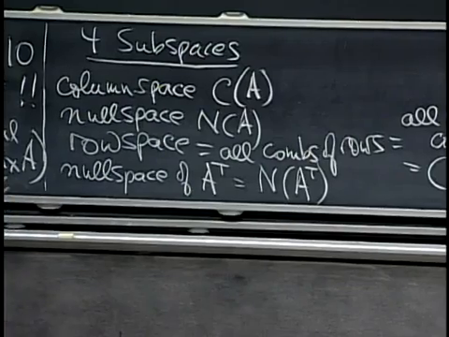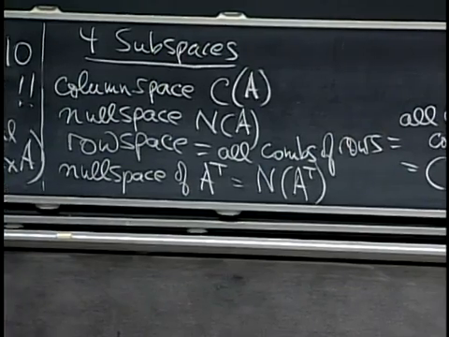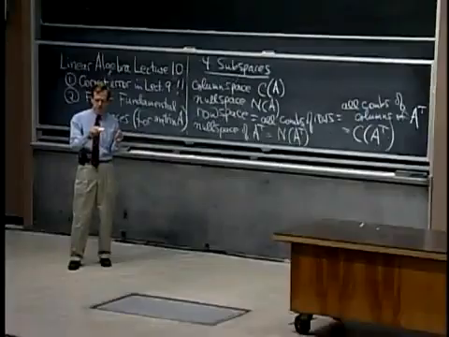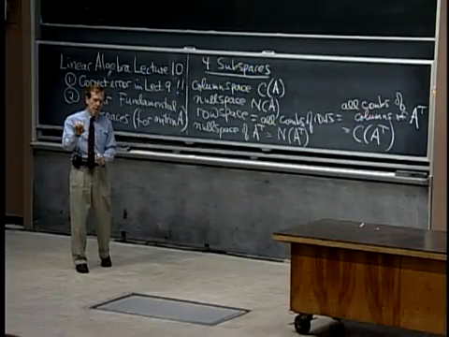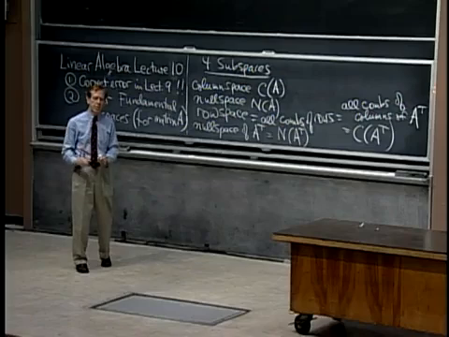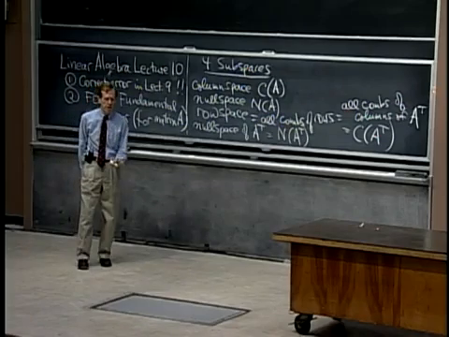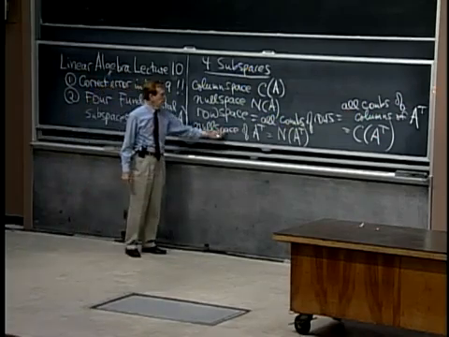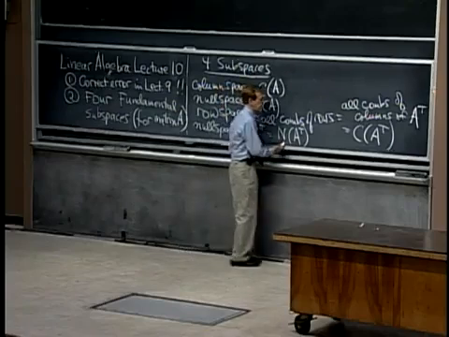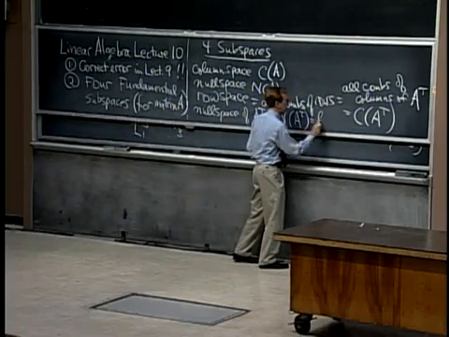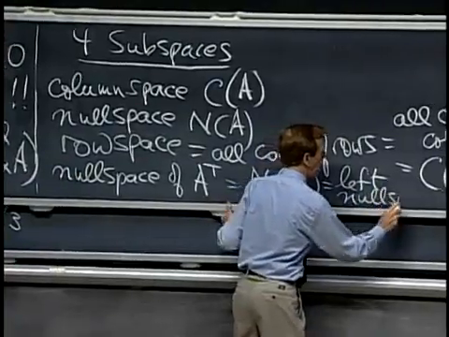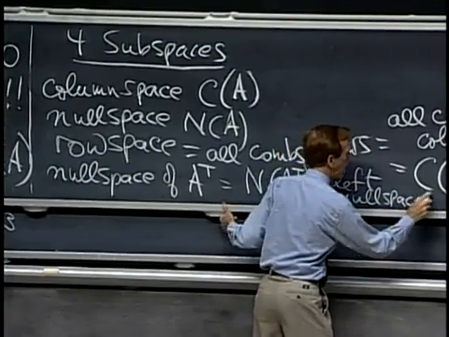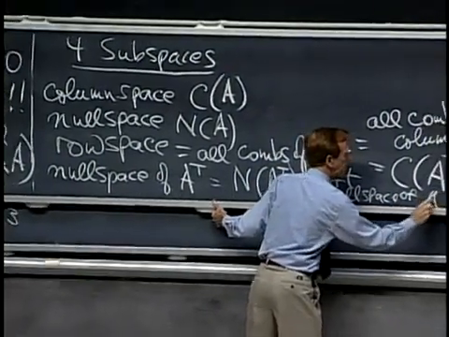We don't have a perfect name for this space as a connecting with A, but our usual name is the left null space, and I'll show you why in a moment. So often I call this, just to write that word, the left null space of A.